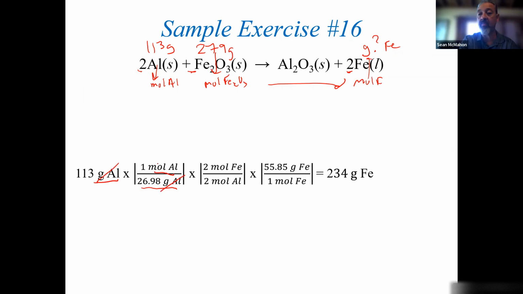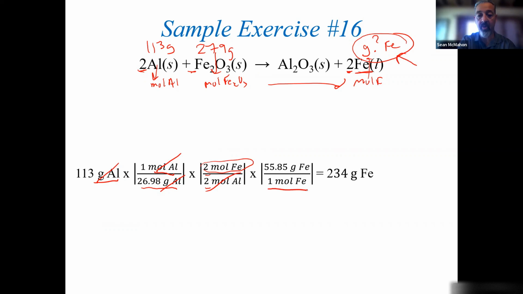Then I need to convert moles of aluminum to moles of iron, because after all, I want iron, not aluminum. So there's 2 moles of aluminum for 2 moles of iron. Now moles of aluminum are canceled, and I'm left with what I want, moles of iron. But I don't want moles of iron, I want grams.